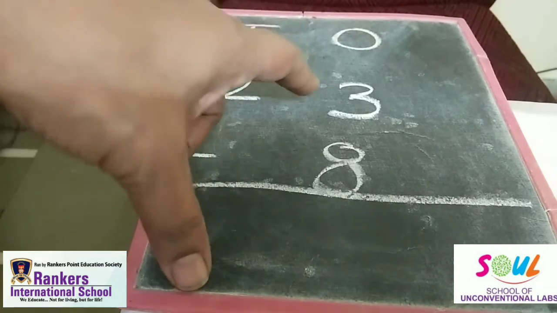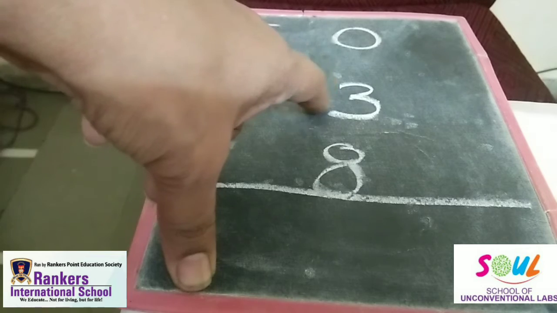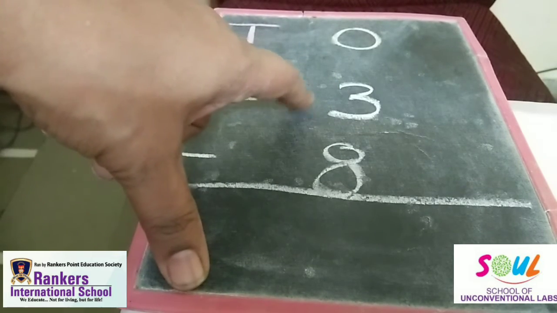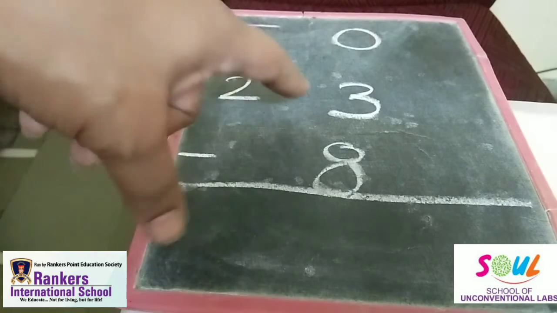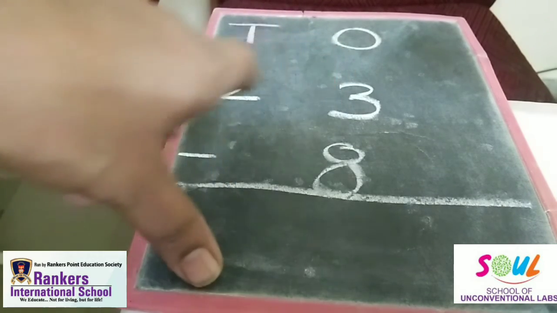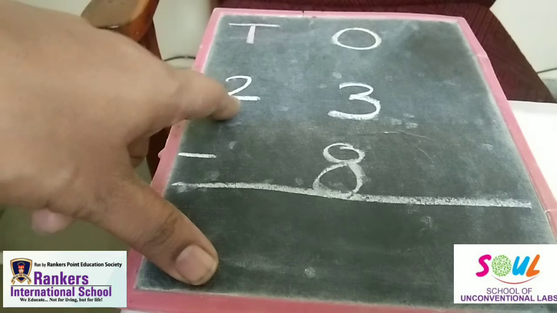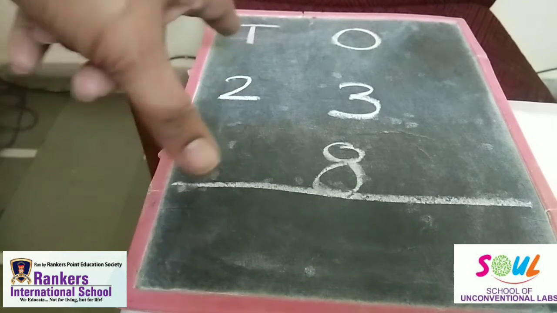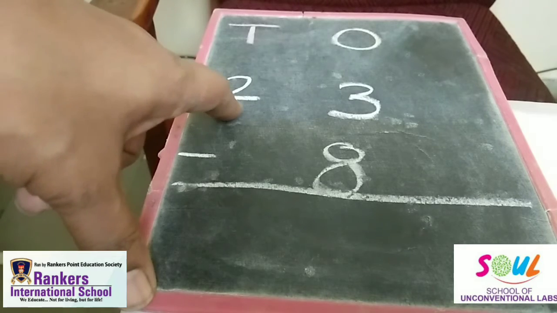Okay, so we have to make this number bigger than this, because 8 is bigger than 3. So the 3 is a friend of 2, because 2 has 2 tens. Okay, here 2 is written, that means 2 tens are there.